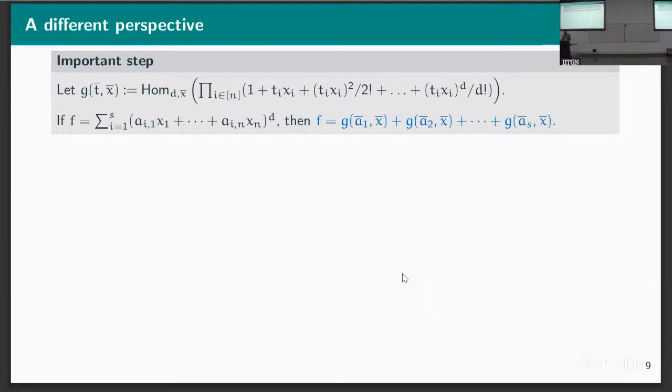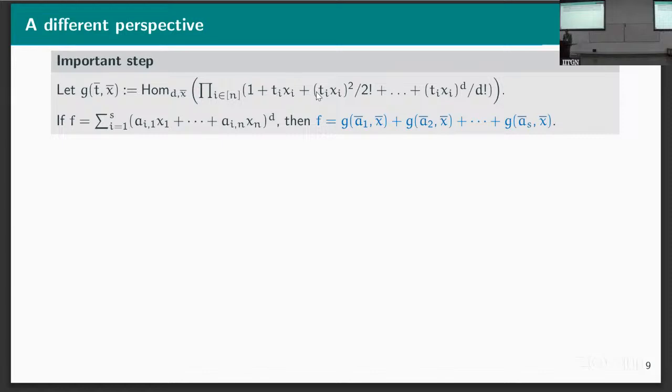Because we want to do this generally for any linear form, let's put t as variables for those. So let's define g as this polynomial, which is the degree d homogeneous component in the x variables of the product of these truncated exponentials in t_i x_i. Think of the t as your linear forms for now.